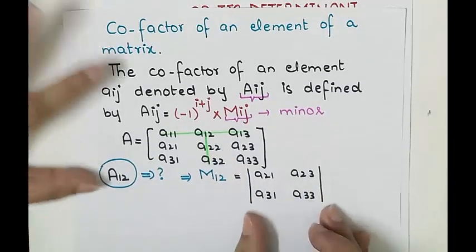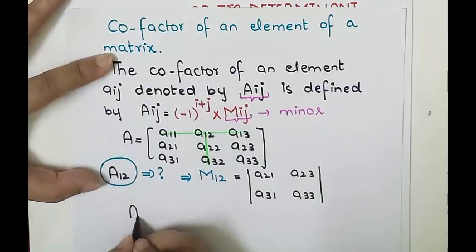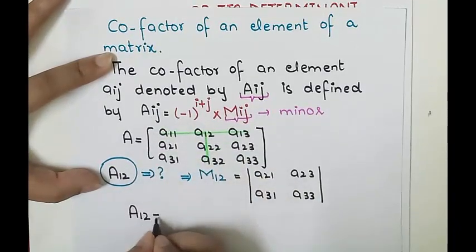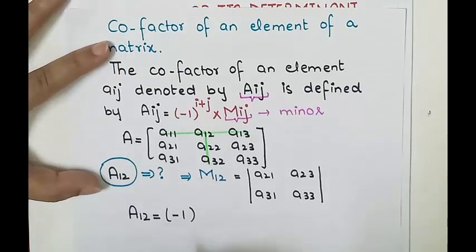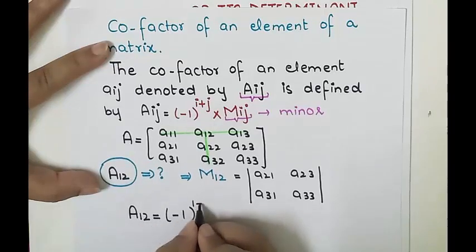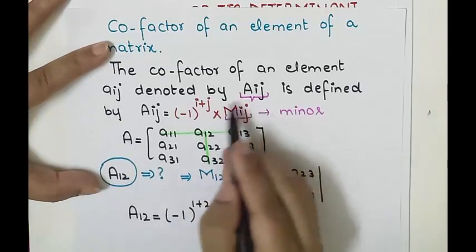Now putting this value in the formula, i we have is 1 and j we have is 2. This is equal to minus 1 to the power i plus j, it means 1 plus 2, into Mij.